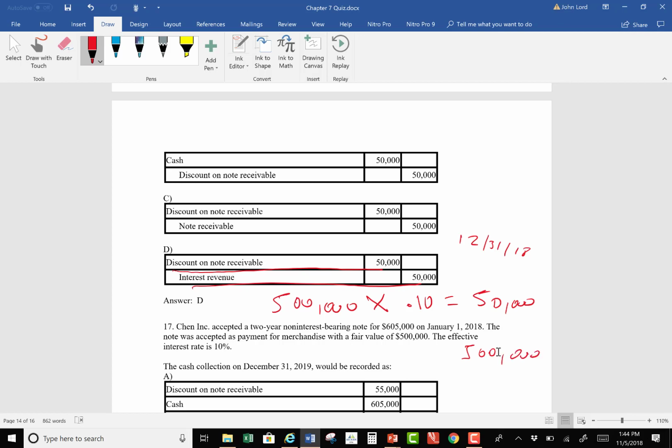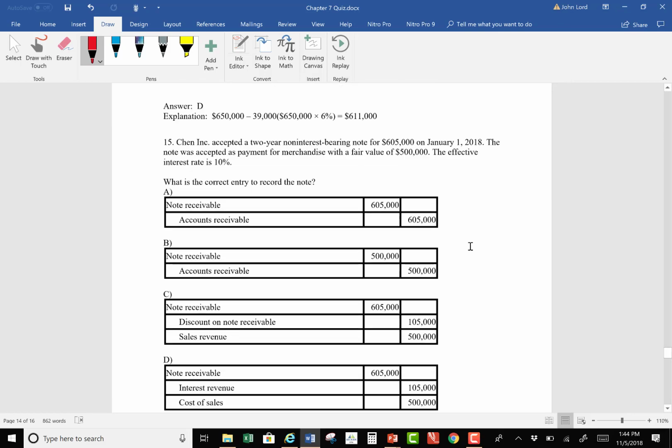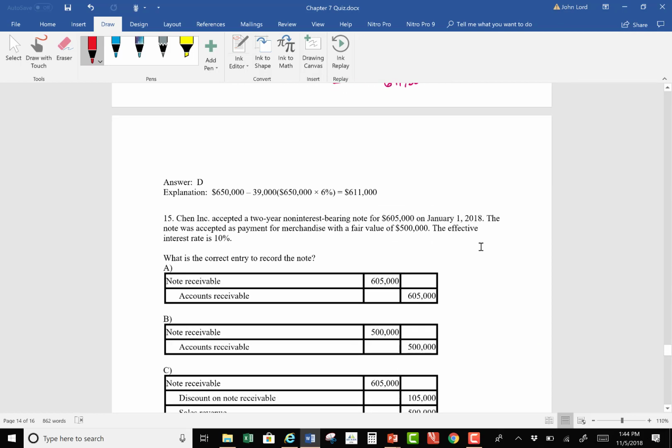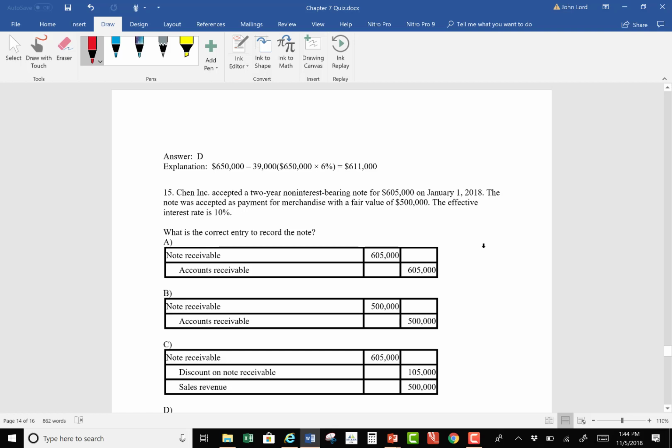The total note receivable of 605,000 minus the discount, which was the 105,000. Less what? Less the discount. The discount was 105,000, so the carrying value of the note was 500,000, right?